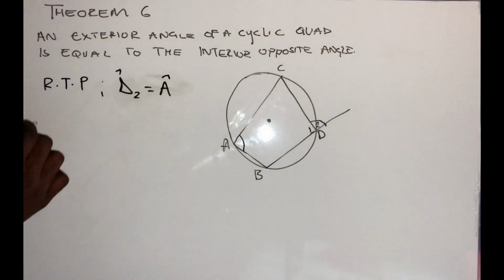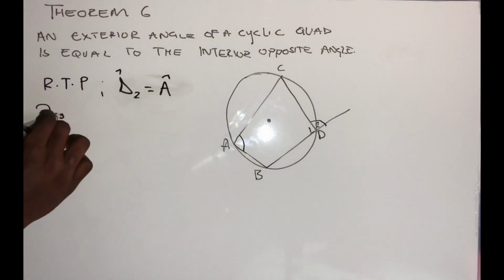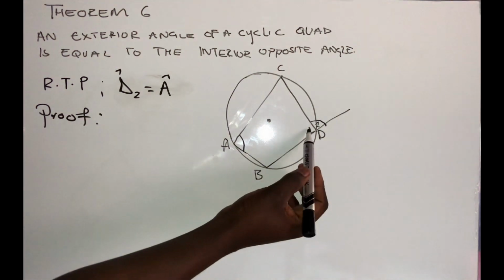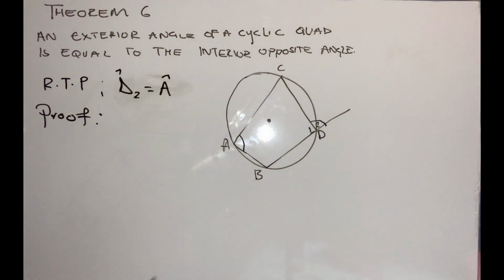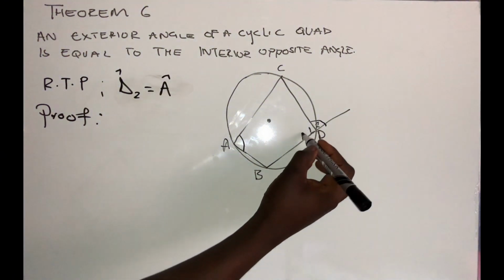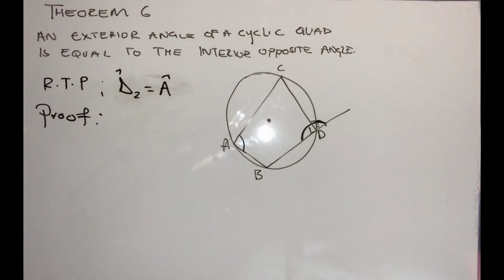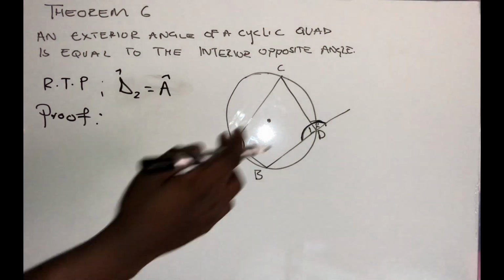So let's jump into the proof. If we look at angle D1 and D2, they are on a straight line. Angles on a straight line add up to 180.